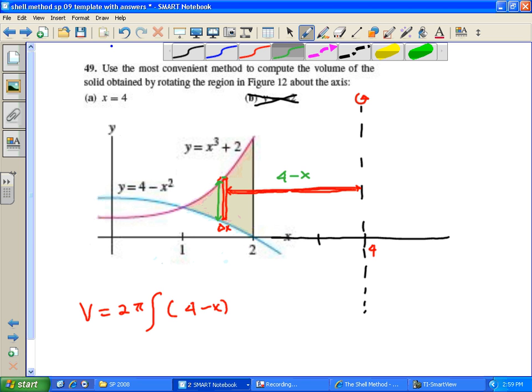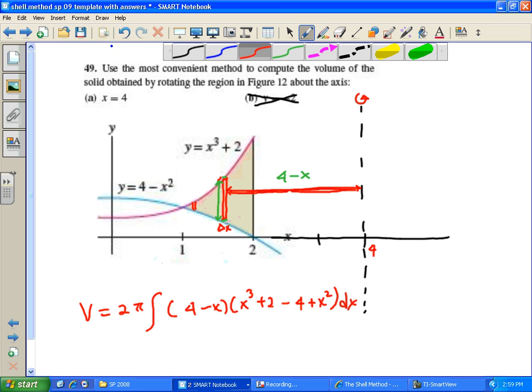Since you have a function on the top and another function on the bottom, the height of that shell is the difference between the two functions, which is x cubed plus 2 minus quantity 4 minus x squared. That will become 4 plus x squared in the subtraction process. Thickness is dx, and for the limits, think about where these rectangles are going to go from where to where.